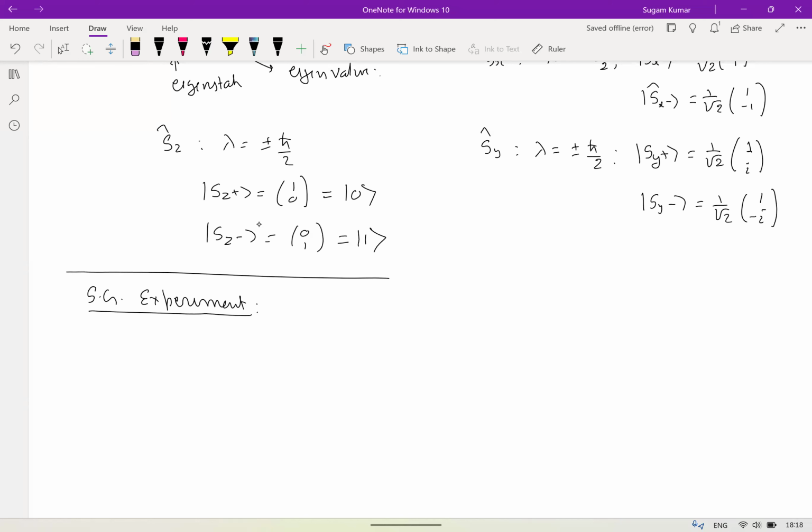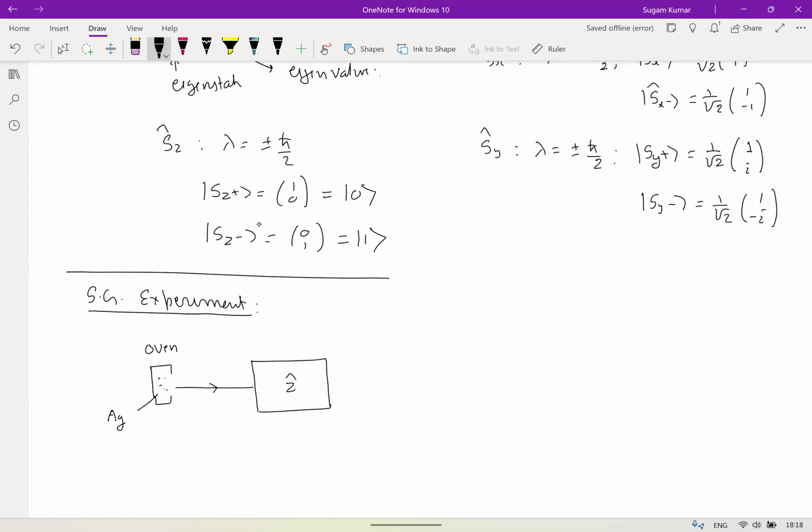So in this experiment, I told you that if the magnetic field is aligned along the z direction, and a beam is coming from some oven, with, let us say, silver atoms, an unpolarized beam is going to come out.